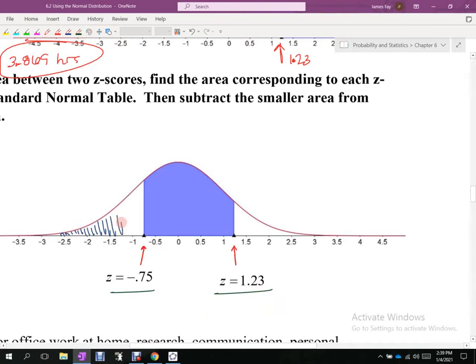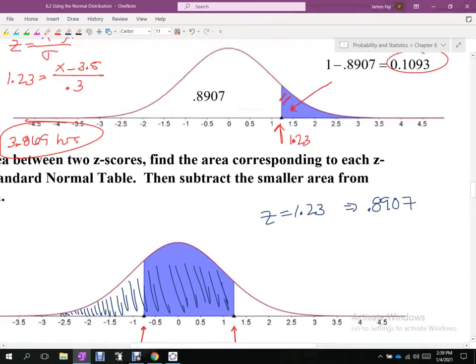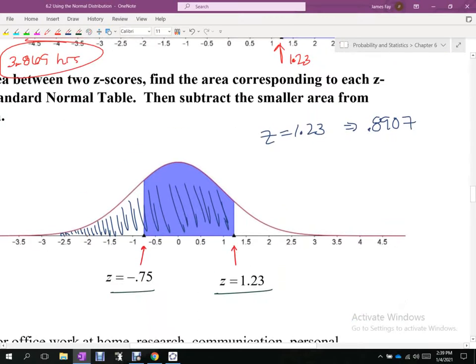If I try to find the probability that goes with a z-score of 1.23, that probability gave me 0.8907, I believe what it was. 0.8907. Does that make sense, everybody? So everything that I have hash marks through, that entire area is 0.8907.